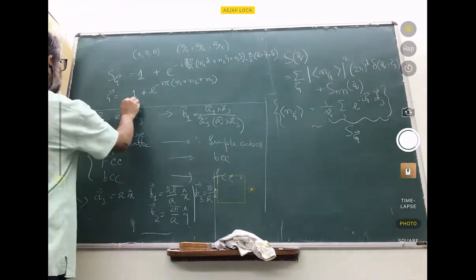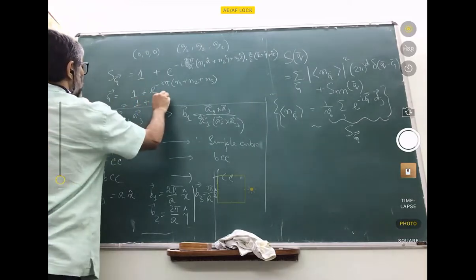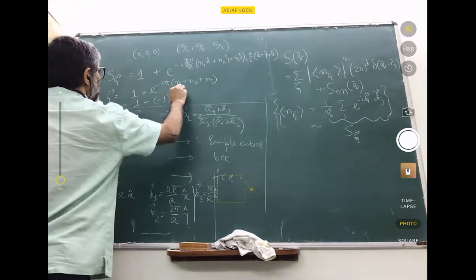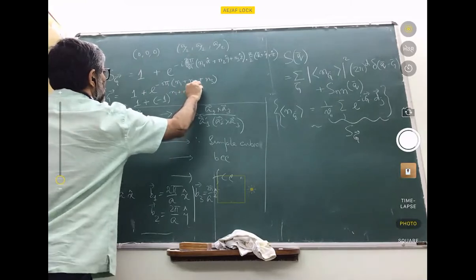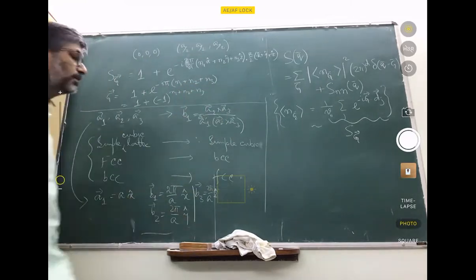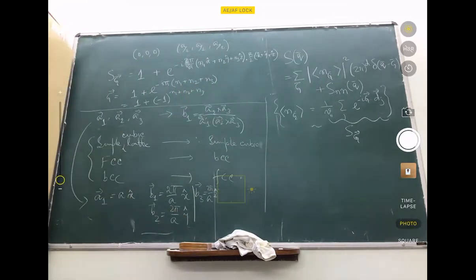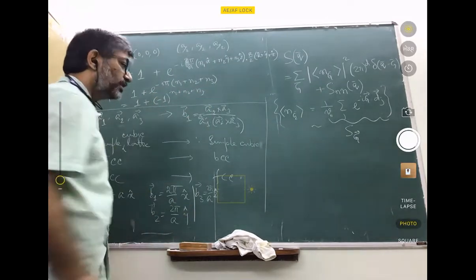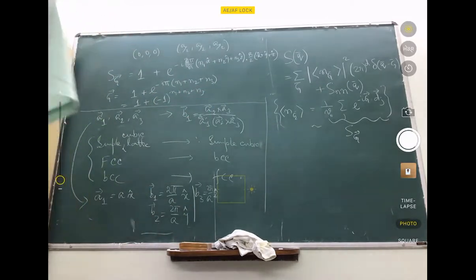So this is 1 plus (-1) to the power n1 plus n2 plus n3. So its value depends on what this combination n1, n2, and n3 is.